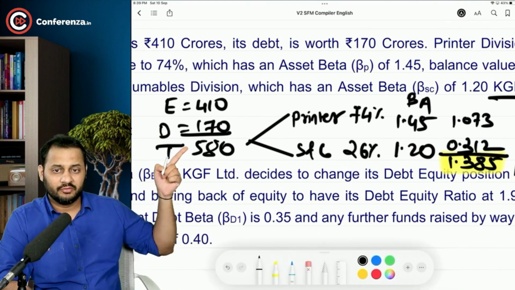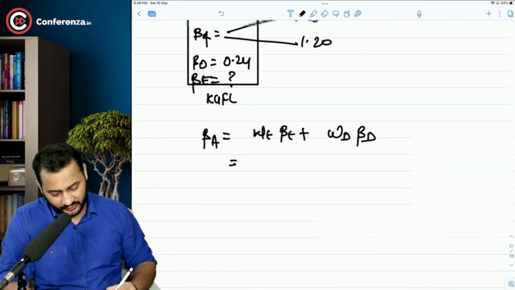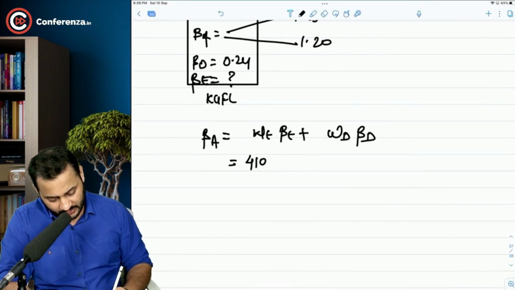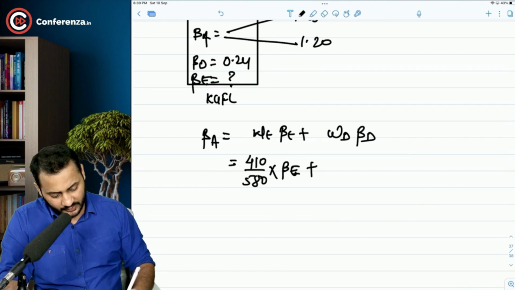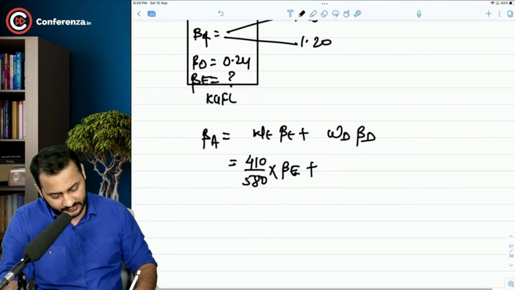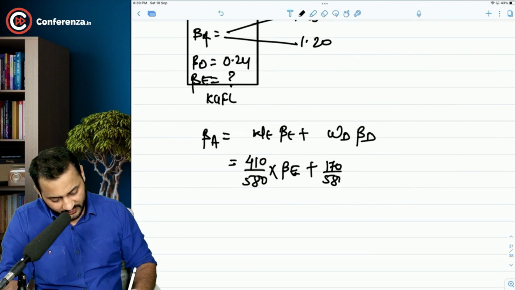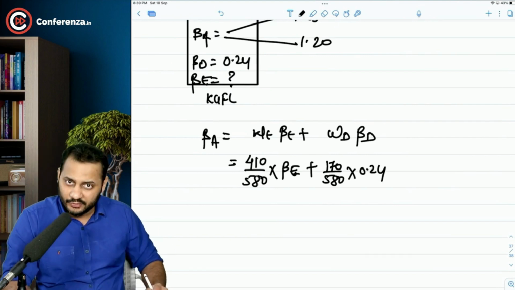We have the total 580. 410 by 580 will be the weight of equity, multiplied by the equity beta, plus 170 of the debt by 580 is the weight of debt, and now the beta of debt is 0.24.